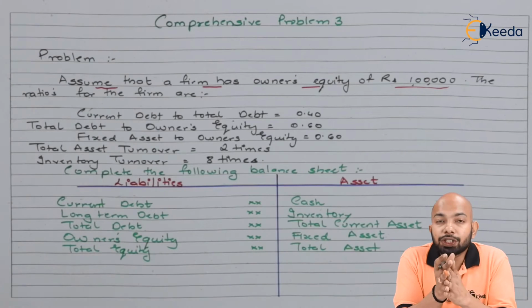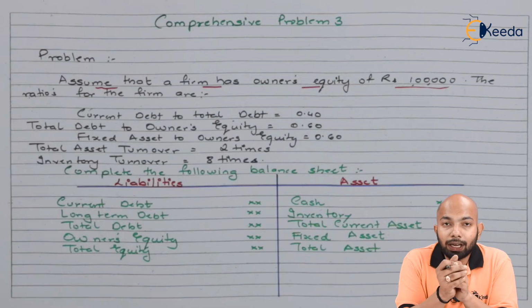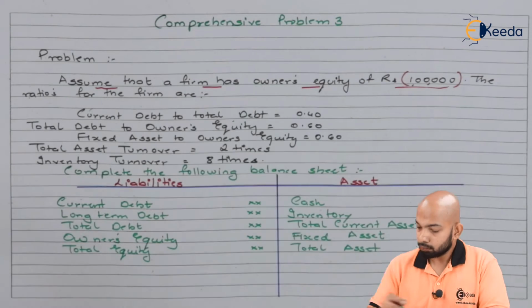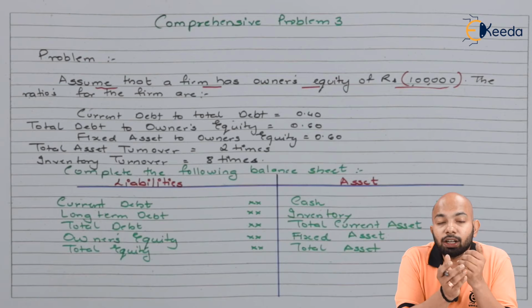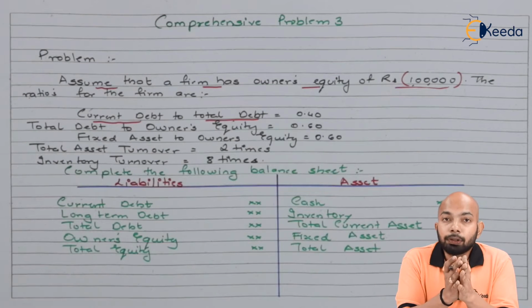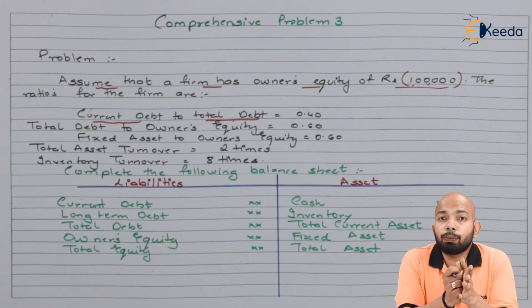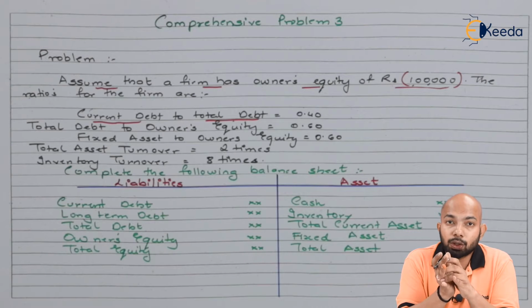It has been given in the question that we have to assume that a firm has an owner's equity capital worth rupees 1 lakh. There are certain ratios that are already provided to us, like the ones mentioned down here. Current debt to total debt is 0.4 times, or rather 0.40 is the ratio. 0.40 is to 1 will be the exact ratio for this.